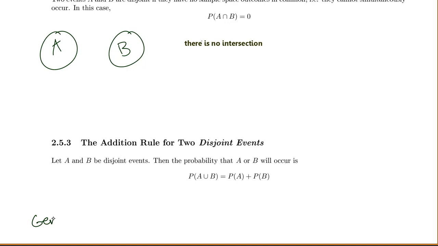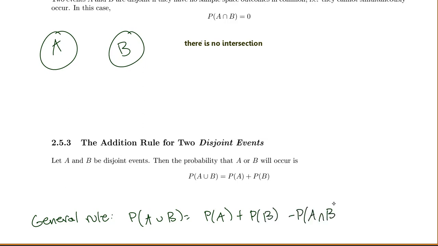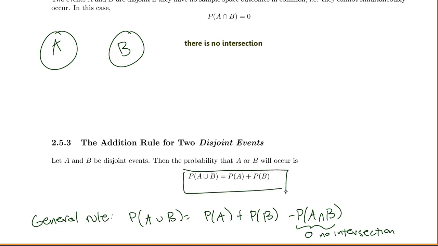Well, if you think of the general rule, the probability of A or B is equal to the probability of A plus the probability of B minus the probability of A and B. But this has to be 0 because there's no intersection. They don't overlap at all. If you know that the probability of the intersection will be 0, why bother writing minus 0? So it simplifies to this rule because we know there won't be an intersection, so we don't bother subtracting the intersection.